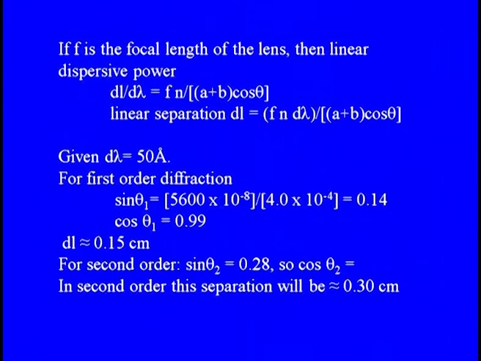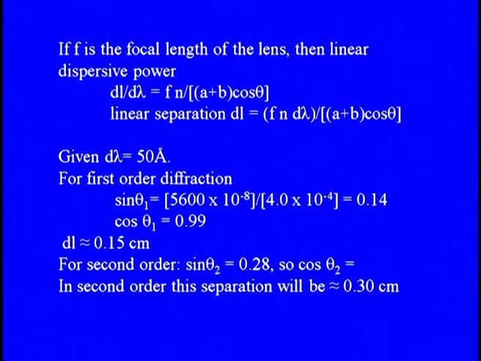From this equation we can calculate the linear separation dl equal to f times n d lambda divided by (A + B) cos theta. In the problem, d lambda is equal to 50 angstrom.